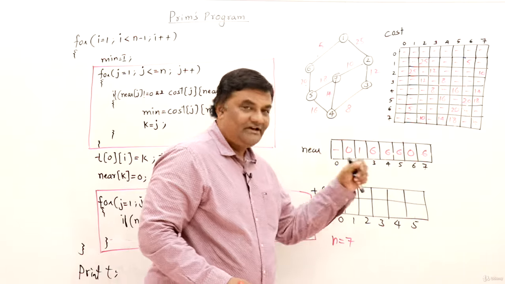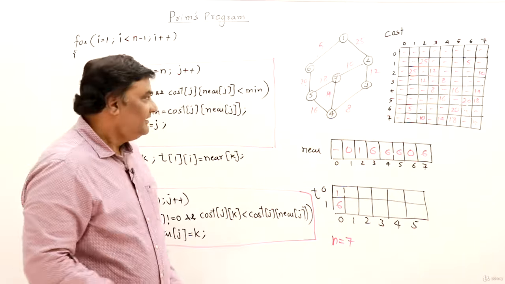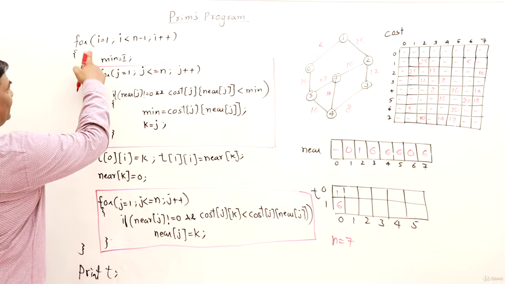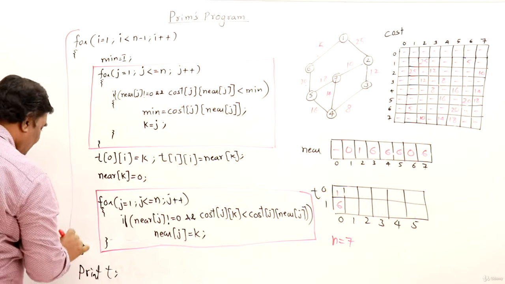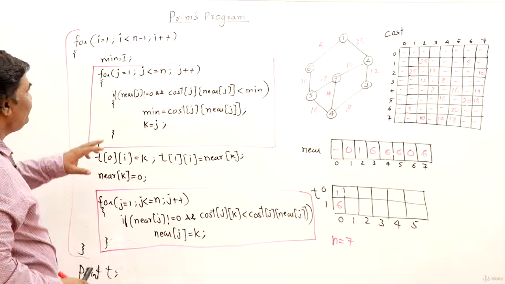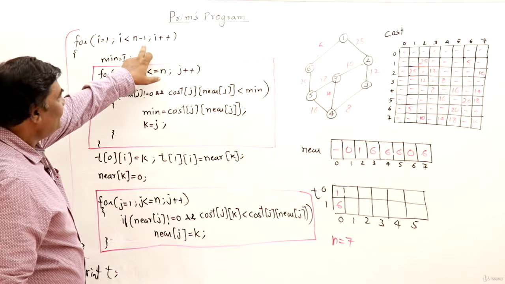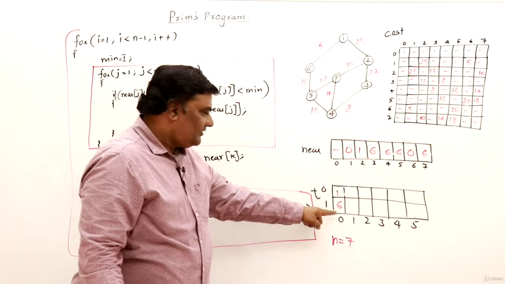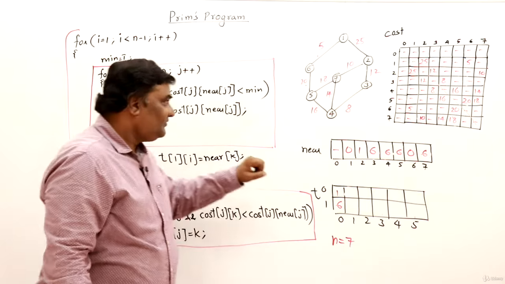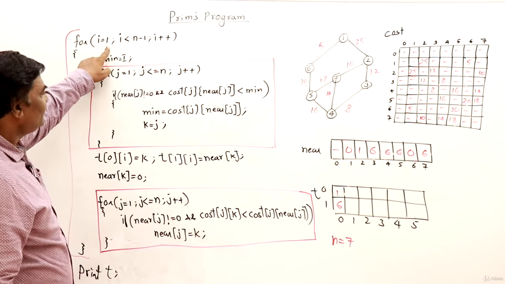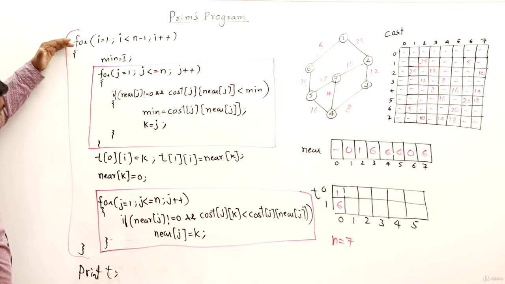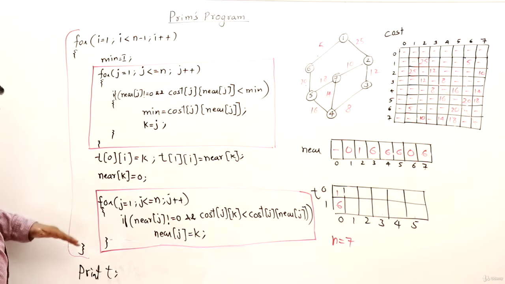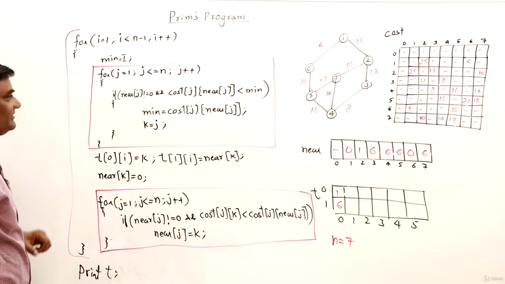So 7 minus 1 we have to do, that is 6. So here is a loop, the outermost loop, this is the loop for finding the remaining edges up to n minus 1. The 0th one we have already taken, so we have to start from 1 onwards. So remaining edges, from here to here. This is the complete task, the repeating steps.